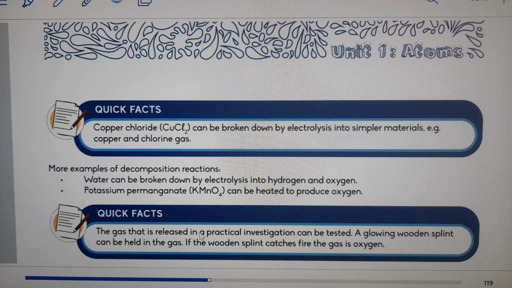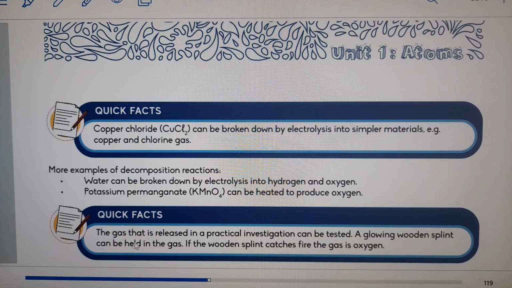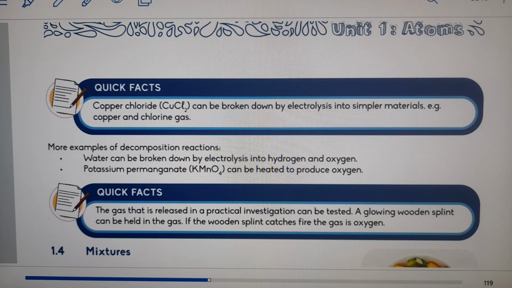The gas that is released in a practical investigation can be tested. A glowing wooden splint can be held in the gas. If the wooden splint catches fire, the gas is oxygen. So you can investigate and test what gas is released.